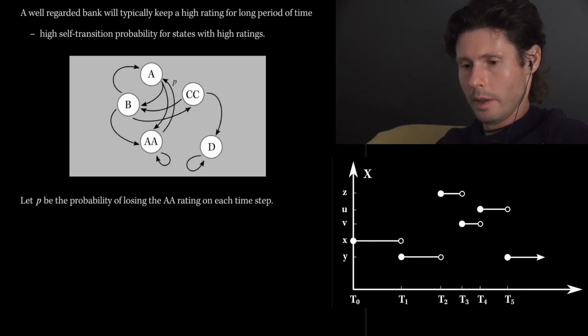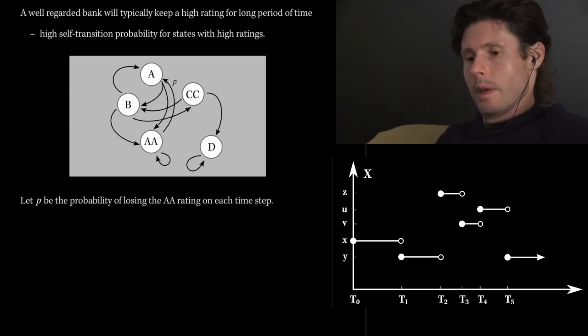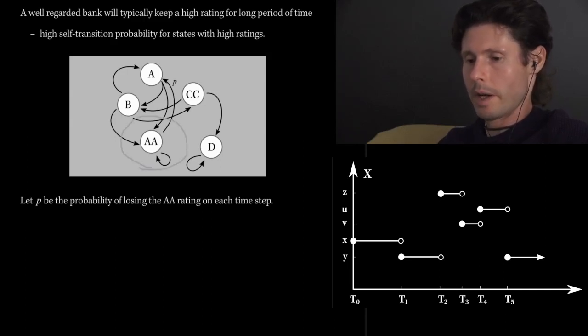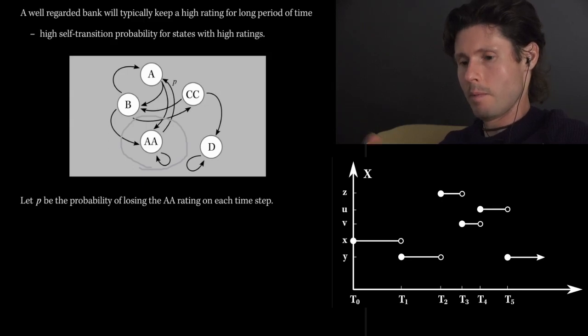One potential issue with the model is dealing with the concept of time in a discrete time setting. There are some banks that maintain a really good credit rating for a long time. This AA would be a really good credit rating. I've added a self-transition here so that you could stay at that state for a long time, meaning that the bank is maintaining this really good rating over a long period.